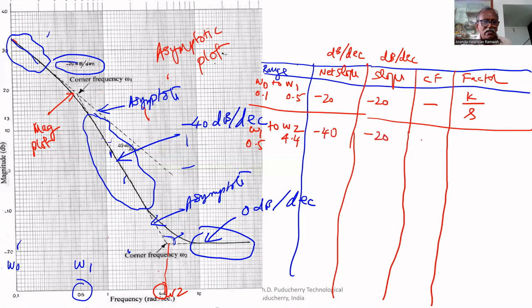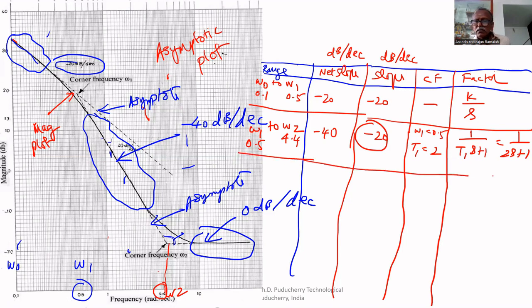Therefore, the corner frequency is omega 1, that is 0.5. Therefore, T1 equal to 1 by 0.5, that is 2. The factor is a negative slope, that's why 1 by (T1 S plus 1), that is 1 by (2S plus 1). We got one factor.